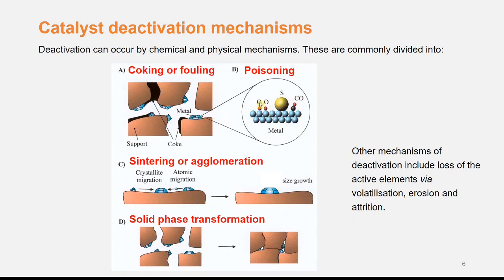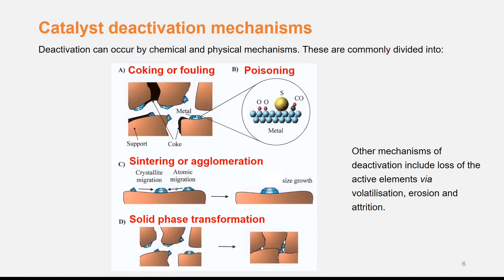The oxygen atom and the carbon monoxide are the reactants. The sulfur atom is the poison. If sulfur atoms adsorb onto the sites more strongly than the reactants, then they preferentially take up sites, leaving fewer available sites for the desired chemical reaction.